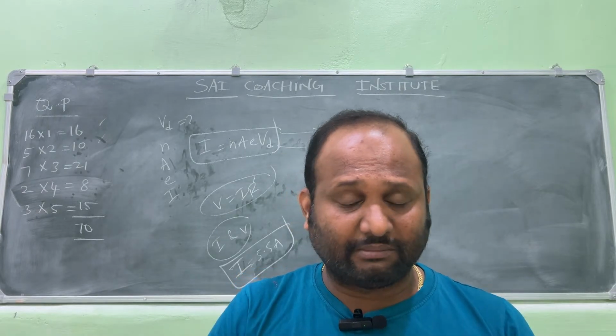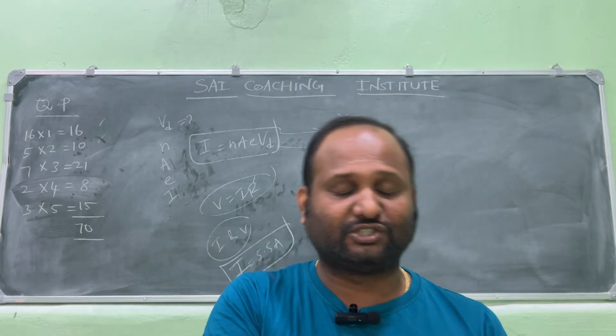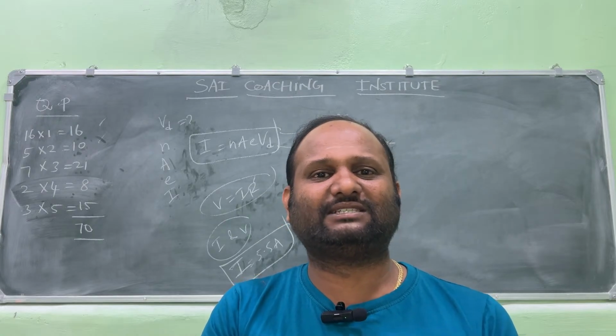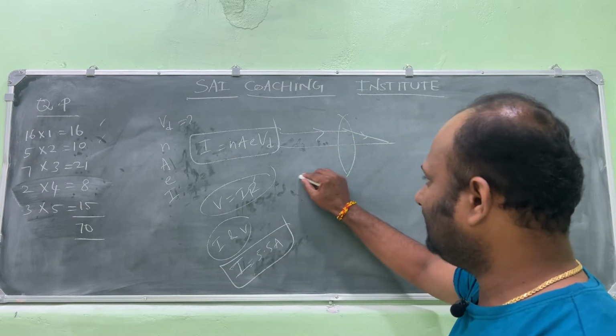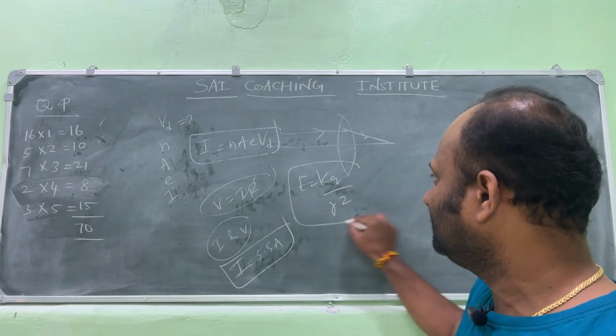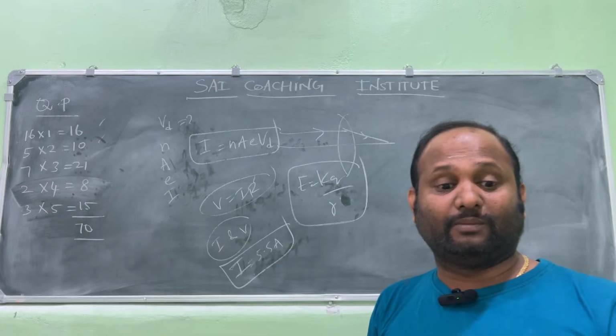Sometimes as human beings we forget to put the arrowheads, forget to put the question numbers, or make some mistakes. For example, the direction is not indicated. Something they are asking, for example, what is the value of E, the electric field due to a point charge: KQ by R square.